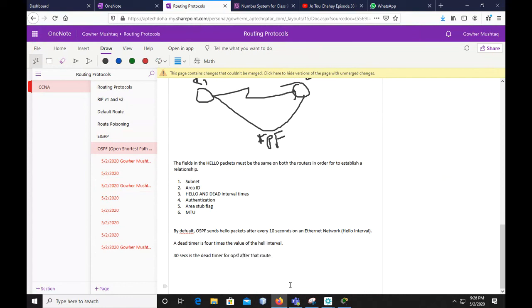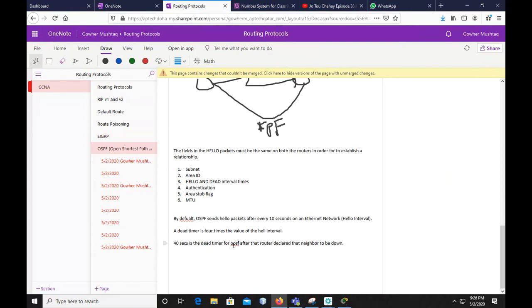After that, the router declares that neighboring router to be down. You understand? Are you getting? Yes.